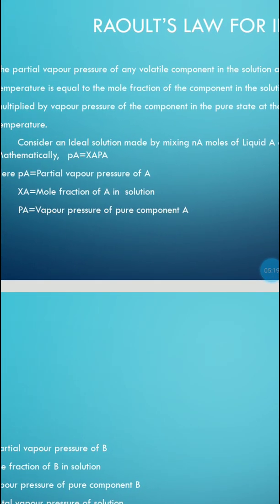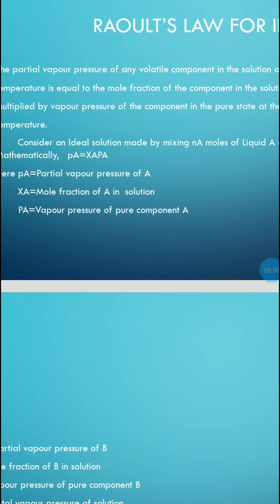Here this Raoult's law is a mathematical statement, and you already know what volatile liquids are: those which can easily volatilize or easily vaporize. Such types of components are called volatile components.